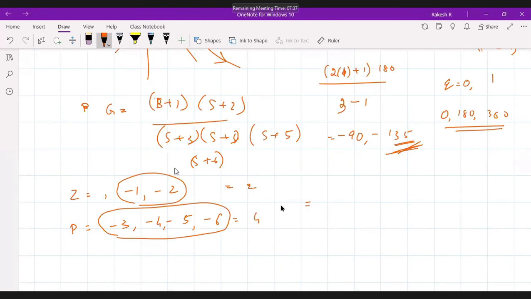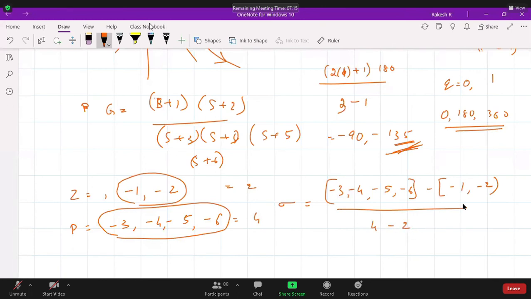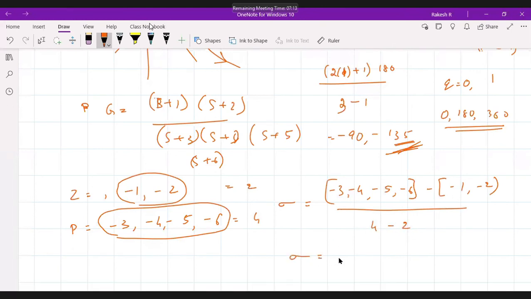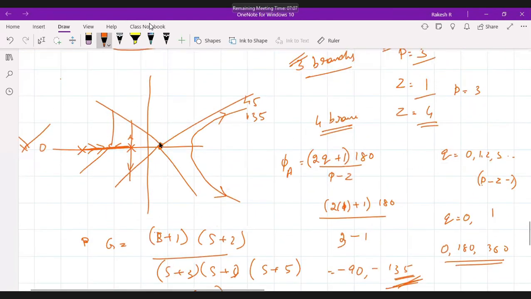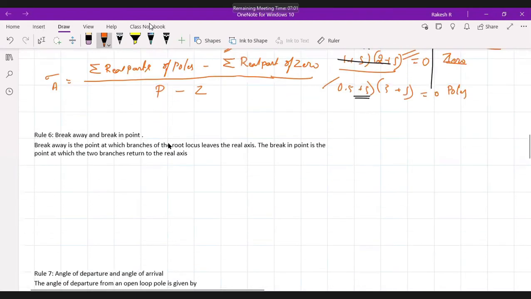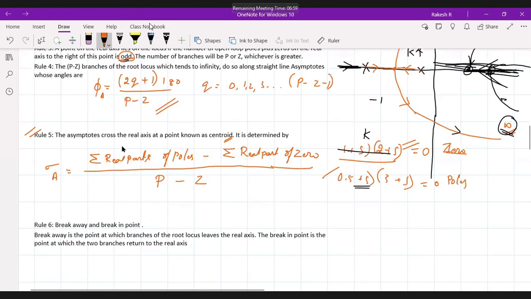So the centroid becomes minus 3, minus 4, minus 5, minus 6, minus of the real parts of zeros, minus 1 and minus 2, divided by number of poles 4 minus 2. You calculate this and obtain one value, that is the centroid. This is the point of centroid we found with this formula. This is what rule number 5 is.